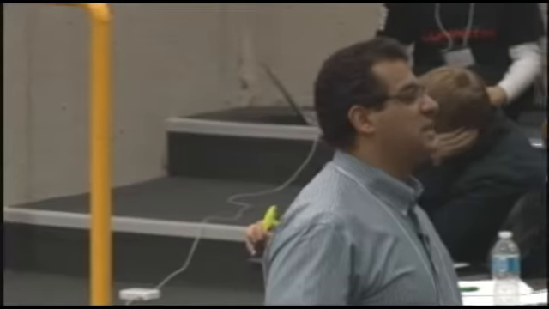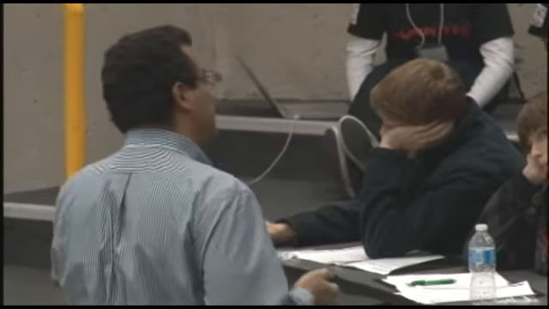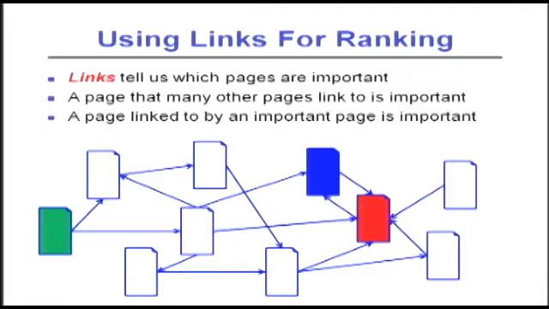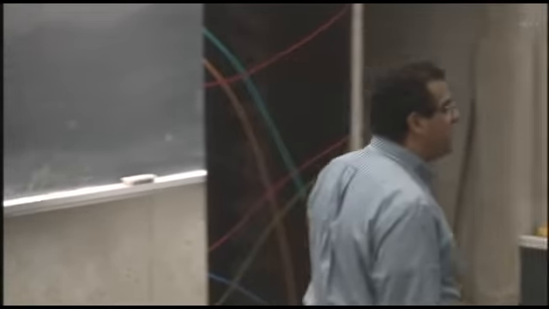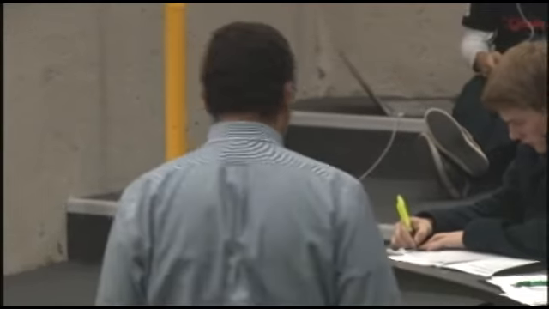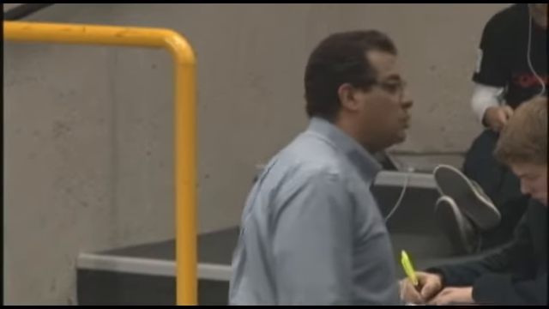Okay, so the basic idea is that when a page links to another page, the page that's doing the linking is voting for the page that's linked to. And the more pages voting for you, the more important you become. And when an important page votes for you, you also become important. So this gives rise to this algorithm called PageRank. And PageRank is the basis of the ranking done by Google.